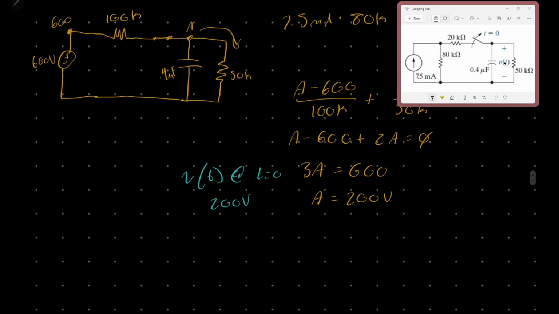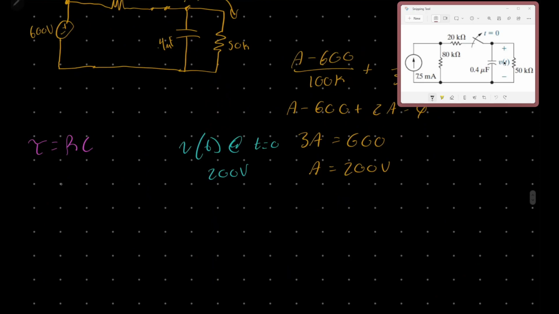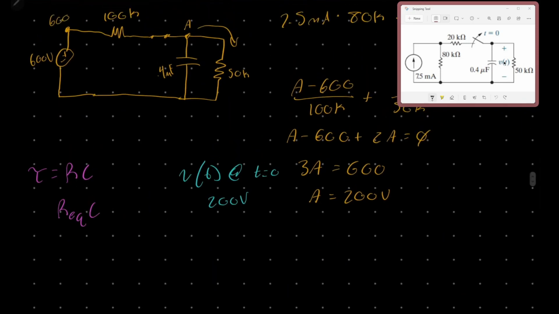And for a capacitor, to find tau, we do R times C when the switch is open. And the R that we're looking for is the equivalent resistance that the capacitor sees when the switch is open.